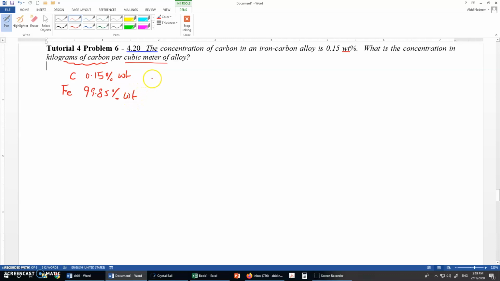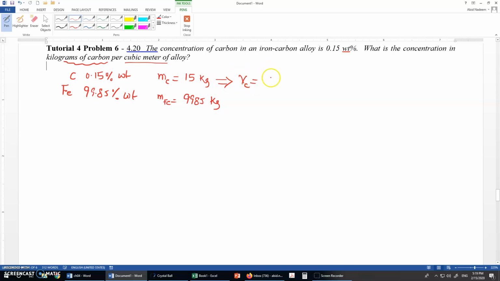Okay, so for example, if we take the mass of carbon as mc, proportionate to their weight, say 15 kilogram, just suppose, and the mass of iron, then it will be 9,985 kilogram.